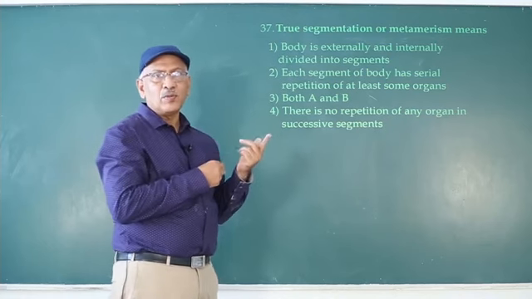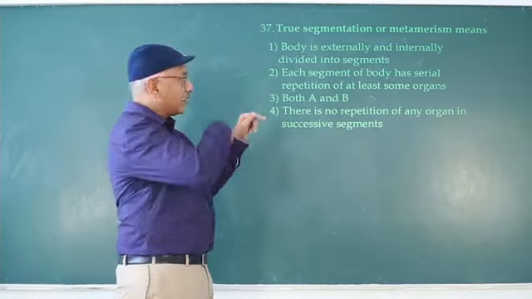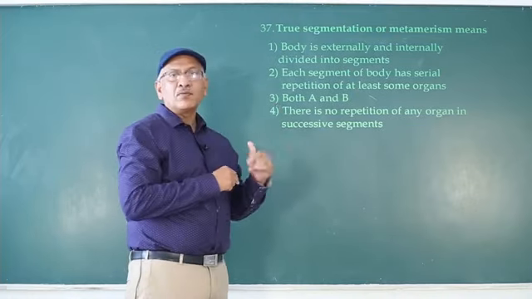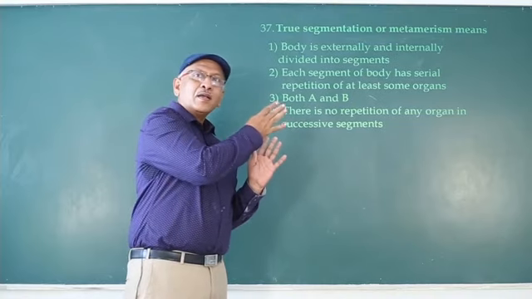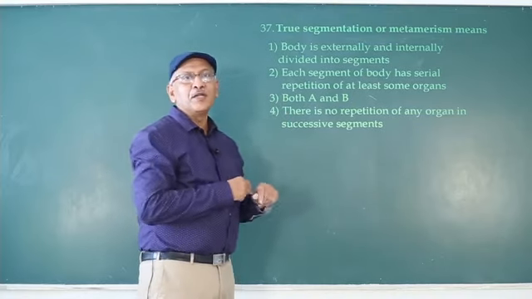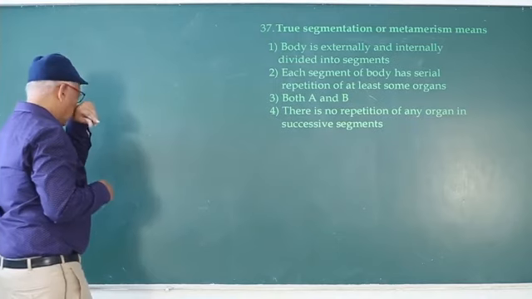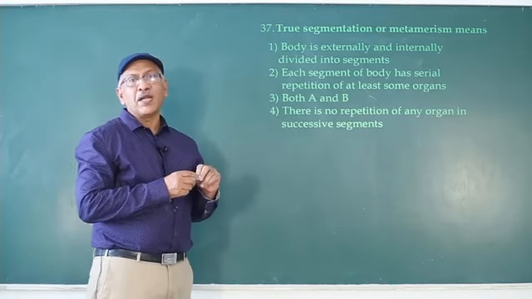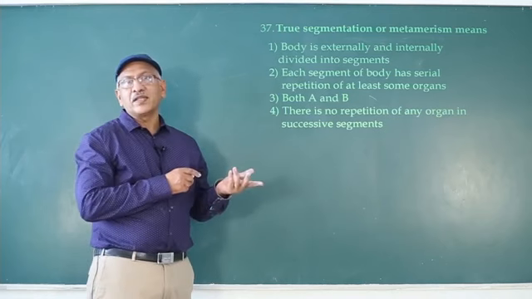That is true metamerism. Another point: every part of the body contains the same type of organs repeated. For example, in earthworm, the body is in the form of segments. How many pairs of spermatheca are present?